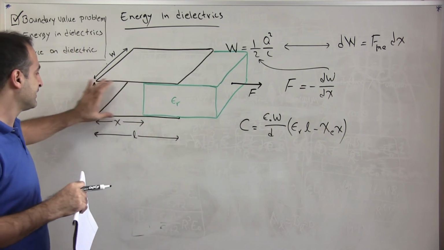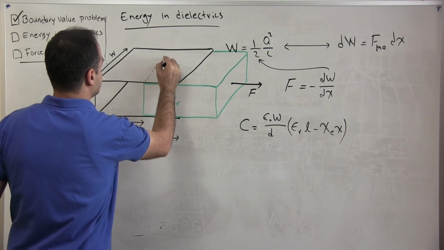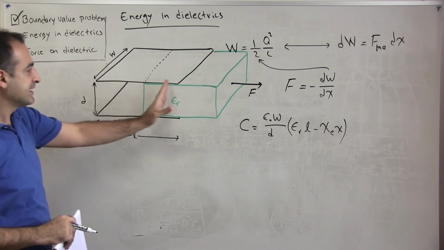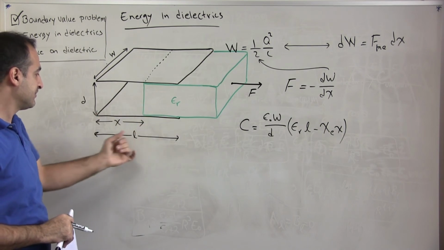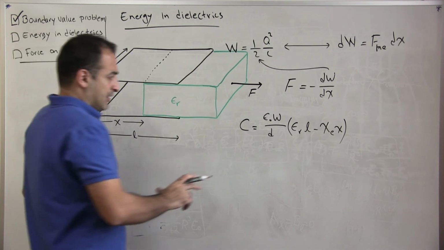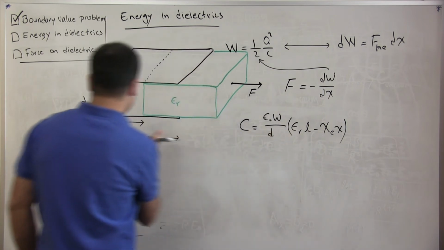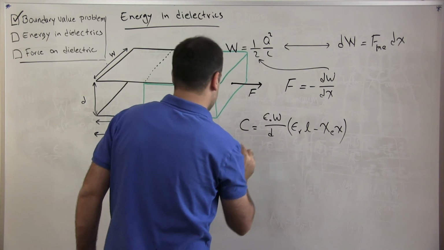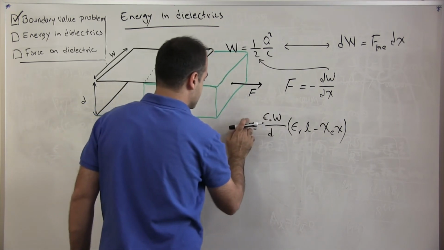One of them is only vacuum with a specific area, let's say this area, which is X times W, and your second capacitor is something like this, with dielectric, with the area being L minus X times W. So in short, the capacitance is a function of X, how much it's out. So if you look at the energy, the energy in terms of this is going to be a function of X.